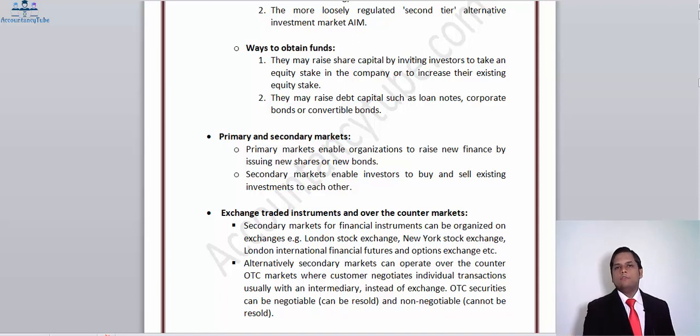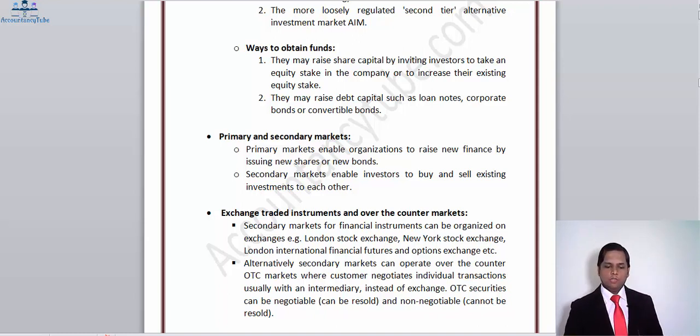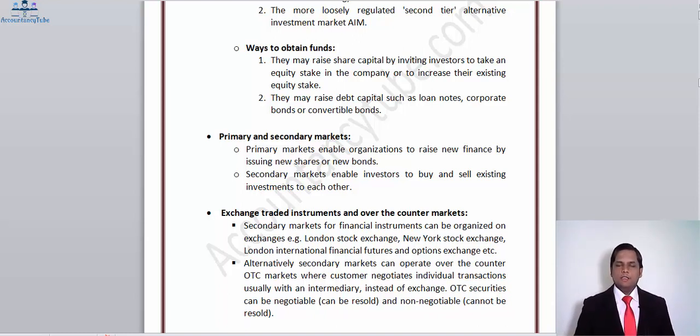Then we have got ways to obtain funds. Here, what we are saying is that they may raise share capital by inviting investors to take on an equity stake in the company or to increase their existing equity stake. Basically, here "they" means the company.